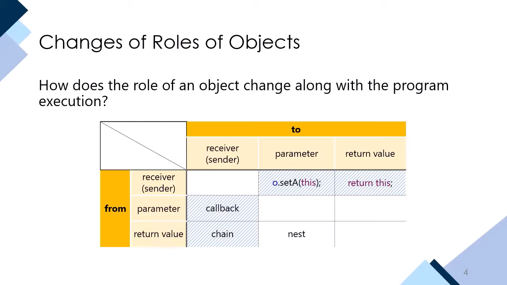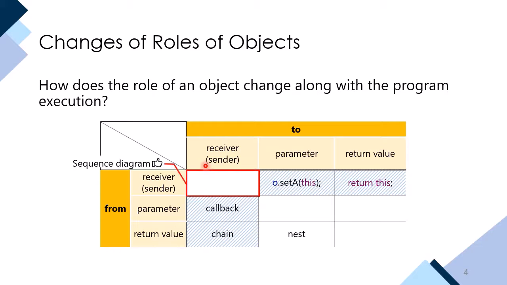In this research, we focus on 4 roles of objects in interactions: receiver, sender, parameter, and return value. This table shows how the role of an object changes along with the program execution. Invocation chain is categorized here since the object role changes from the return value to receiver.